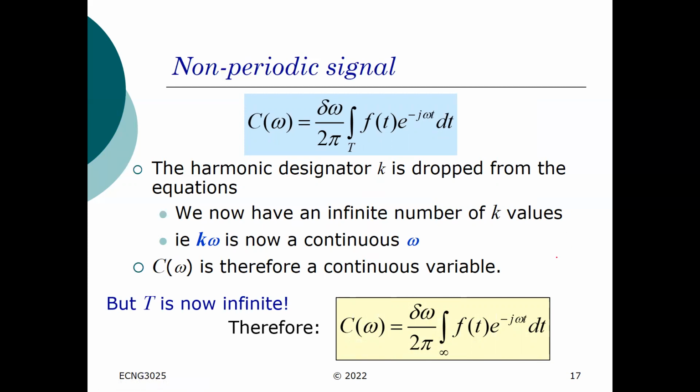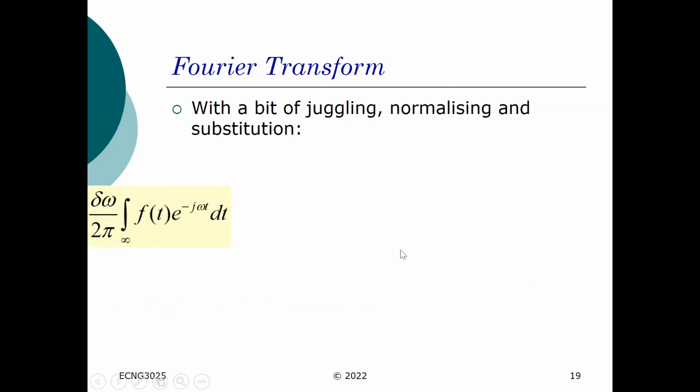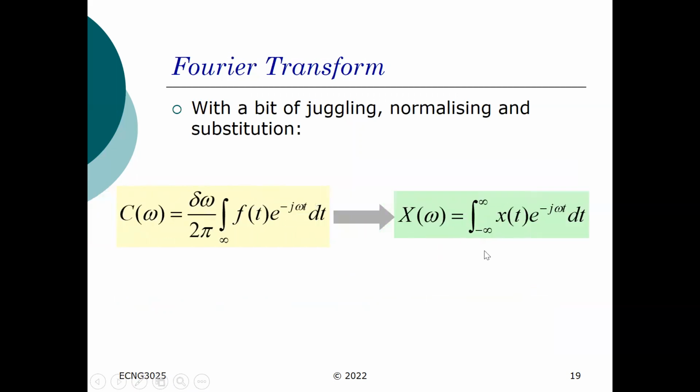So we now got to this point, and then we juggled around a little bit to get rid of the delta omega over 2 pi. And then I'll come back to this. With a little bit of juggling, we got this here. So we combine. What we said is that basically, if we define c omega multiplied by 2 pi over delta omega, we redefine all of this.